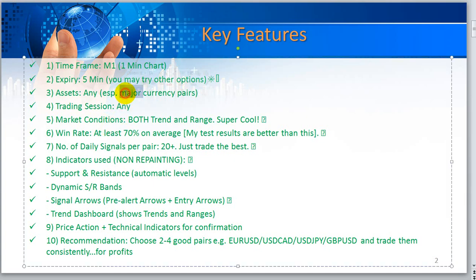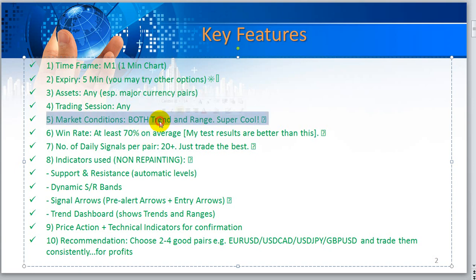The assets you can trade are really not restricted to any trading asset. You can use any major currency pairs, even minor currency pairs, that's fine. You can trade in any session. Ideally, it works across the day, across the week, across the month, year. And of course, if you buy this, you get a lifetime license that works full-time without restrictions in terms of trading sessions.